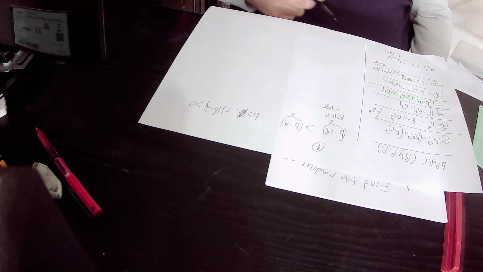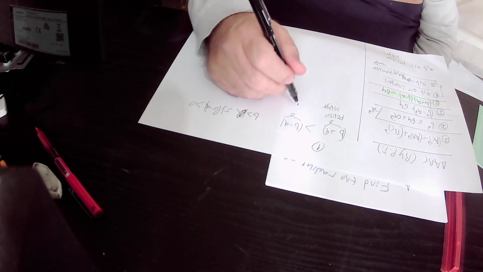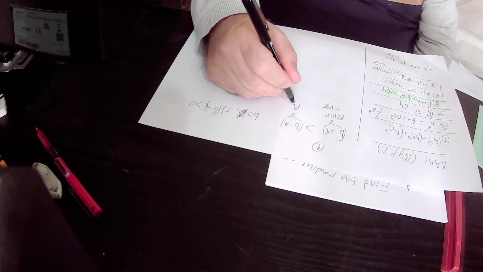So B is a positive integer, A is a positive integer, and if B minus A is positive, it must be a positive integer. That is to say, B minus A is also a positive integer.